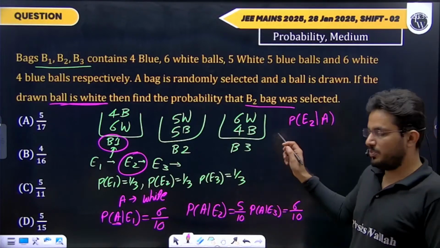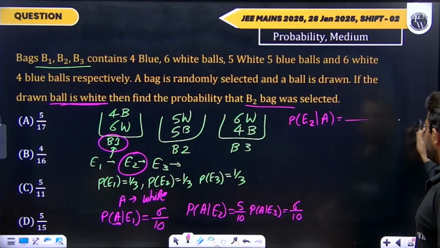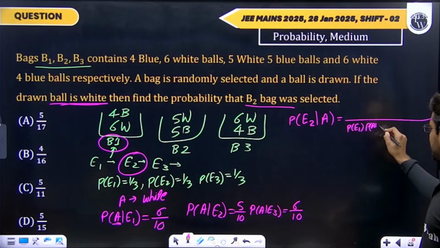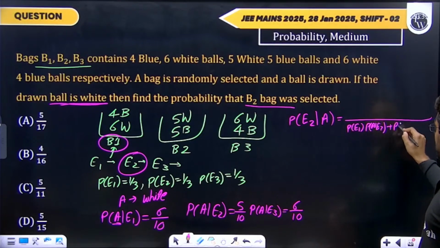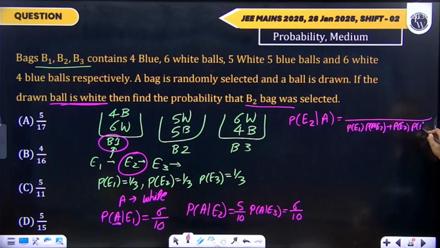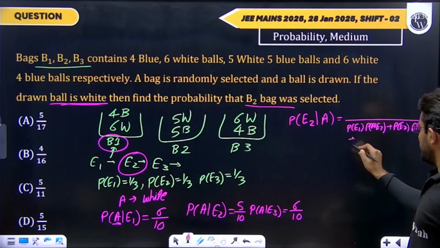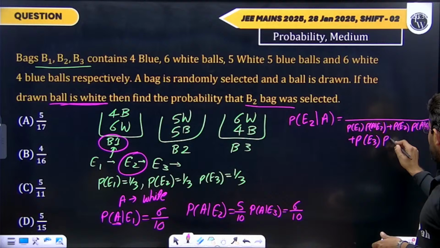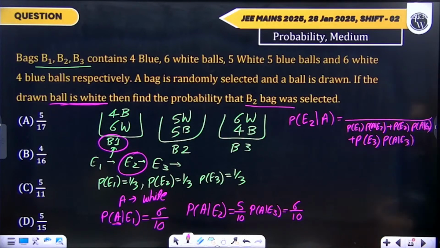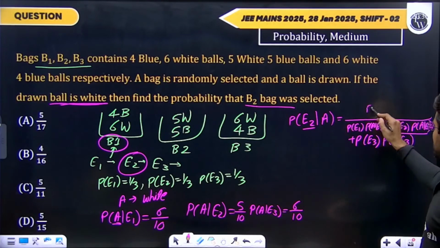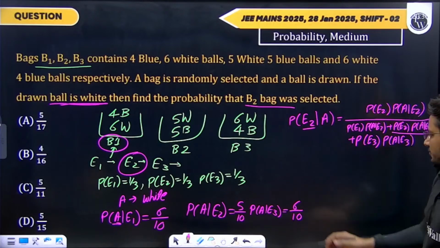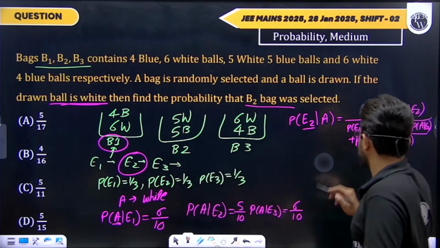So we have to find P of E2 given A. And by Bayes theorem, we can write the denominator as P of E1 into P of A given E1, plus P of E2 into P of A given E2, plus P of E3 into P of A given E3. And in the numerator, we write the E2 event, so the corresponding probability, P of E2 into P of A given E2. After putting these values, we will get the answer.